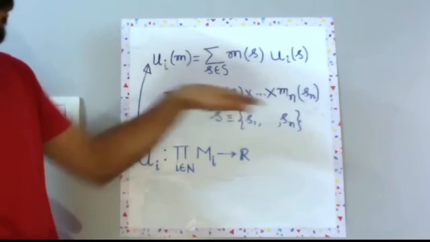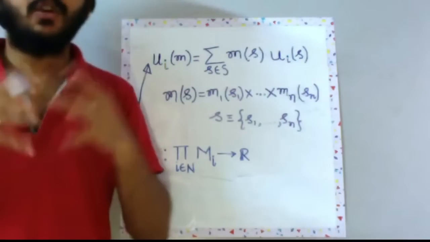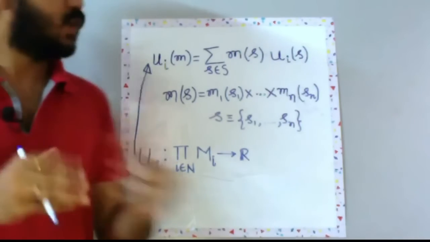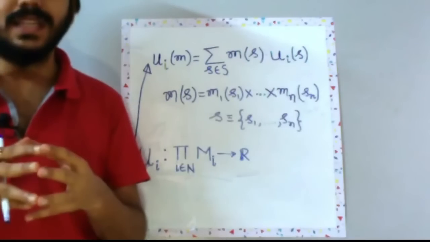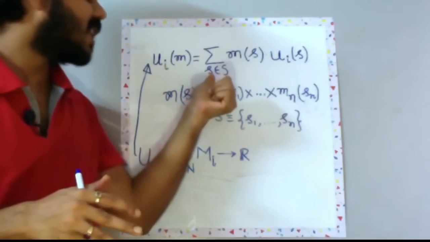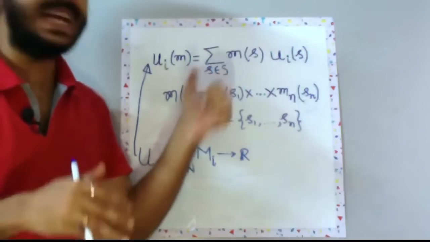If I know the probabilities, I multiply them because I'm assuming that all the players are choosing independently. So I can multiply independent probabilities. This will give me the probability for this particular strategy combination, small s.